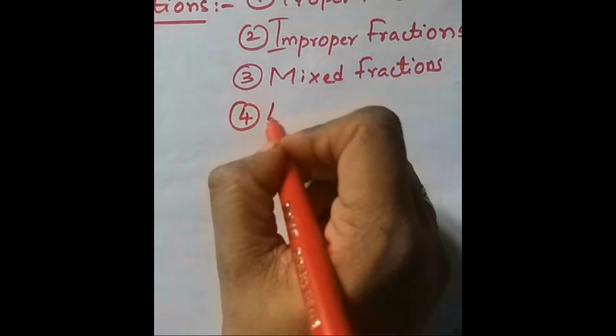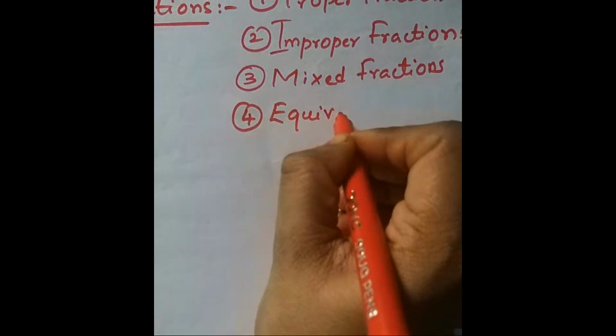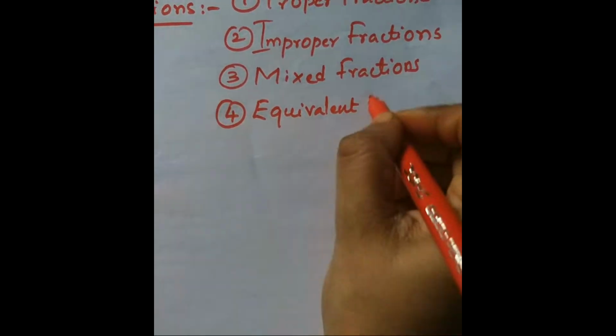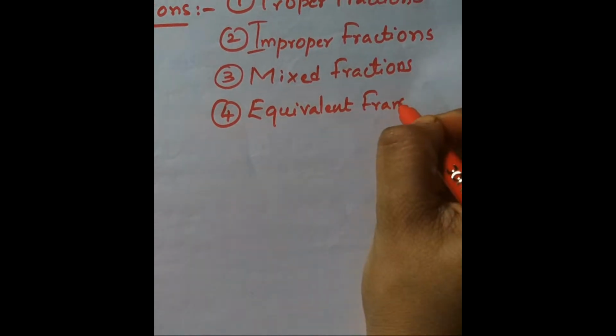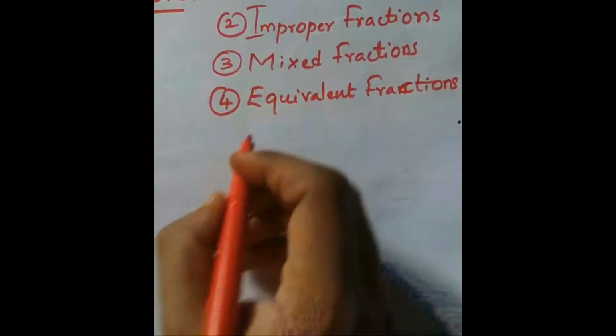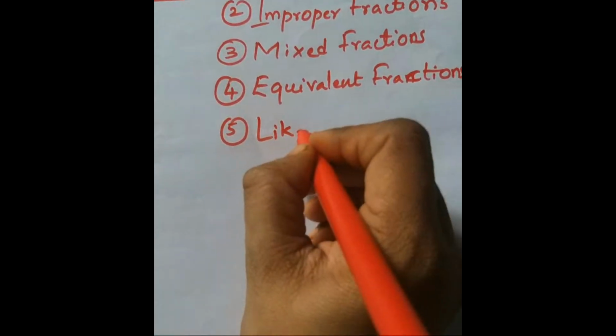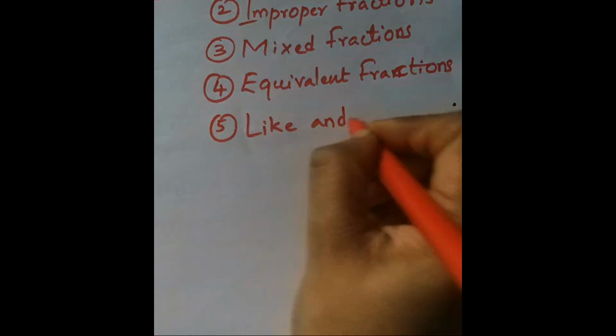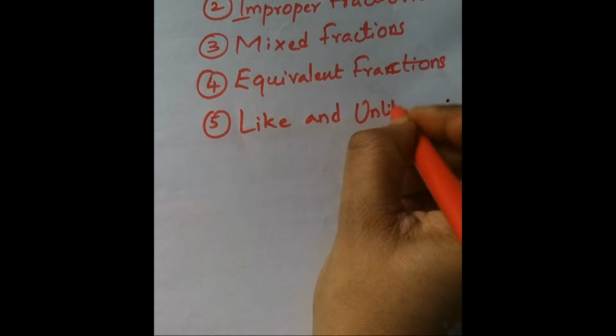And the fourth one is equivalent fractions. Fifth one is like and unlike fractions.